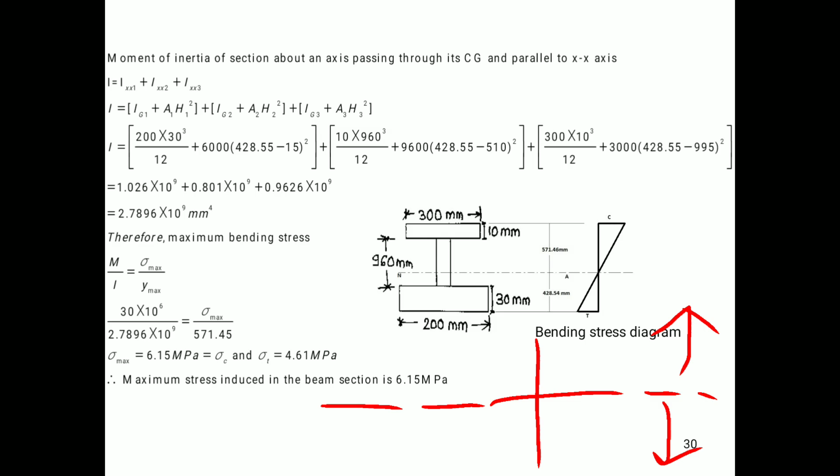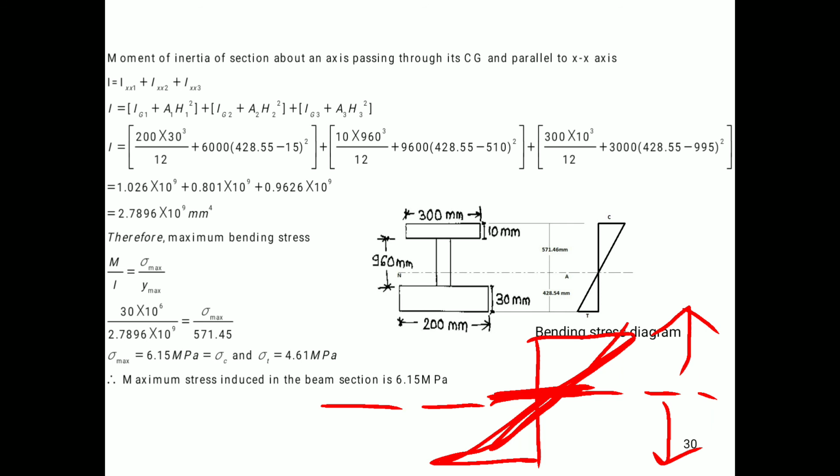At this level we have 0 stress value, because the name neutral axis itself indicates that the stress is 0, and as we go away from the neutral axis, the value of stress goes on increasing. Therefore, at the extreme fiber we have the maximum value of stress, whereas at the neutral axis we have the minimum value of stress. And this is a linear variation because it is directly proportional to y.